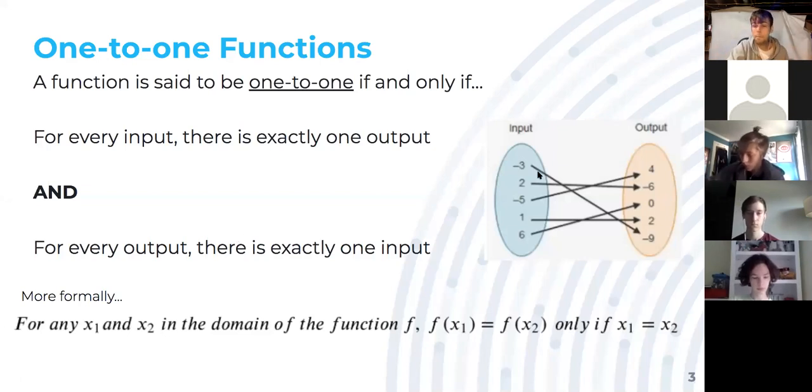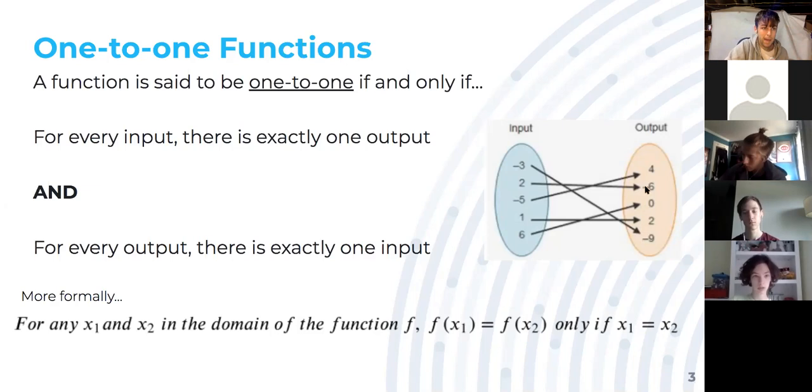On a mapping, it might look like every number only goes to one number, so every number in the input is only related to one output. That's just the definition of a function, right? Every input only goes with one output. The second piece is what makes it one-to-one: every output only has one input number that goes to it.